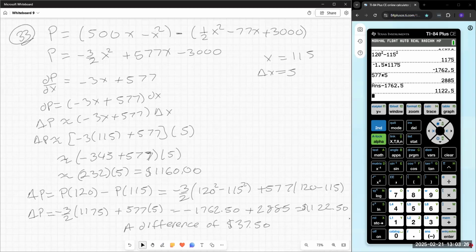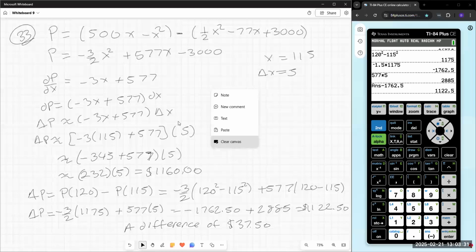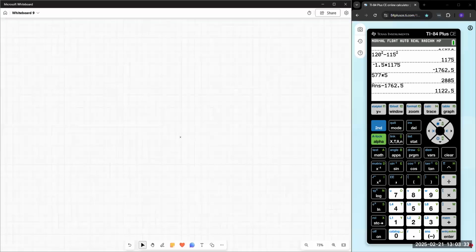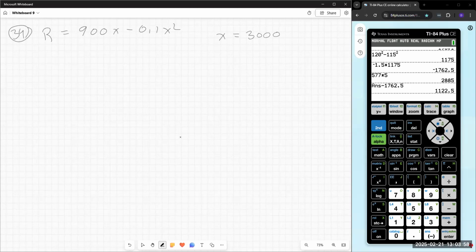Look now at number 34. It gives us a revenue function of 900x minus 0.1x squared. It tells us we want to use marginal analysis to estimate delta R when the initial X value is 3,000 units and delta X is equal to 100 units.